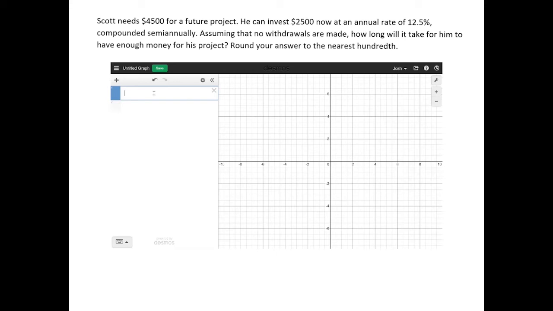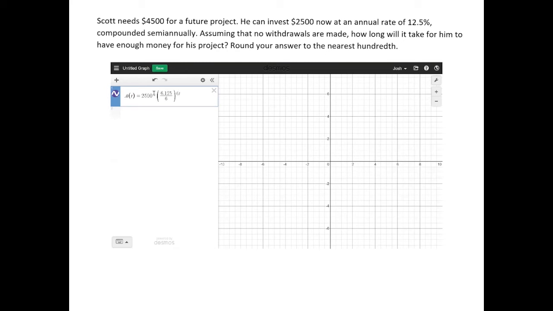So again, to graph those two functions, the compound interest formula function and the constant function, 4,500, I'm going to use Desmos again to do that. So I'll define a function A of t to be 2,500 times the quantity of 6.125 divided by 6, and then all that is going to be raised to the power of 6 times t.